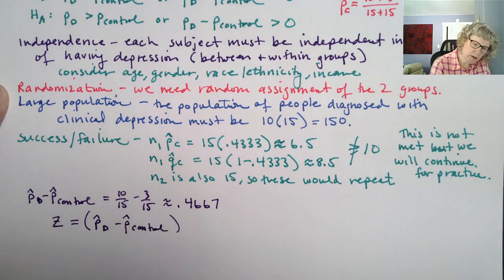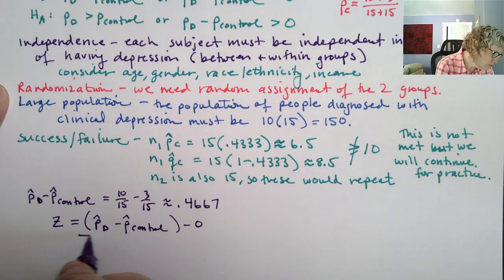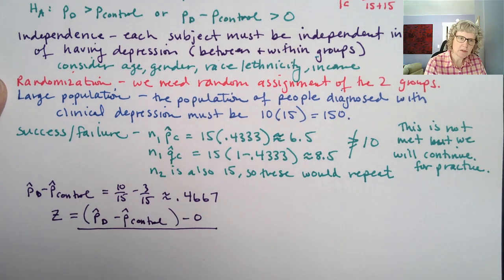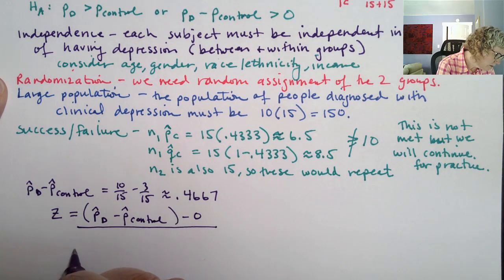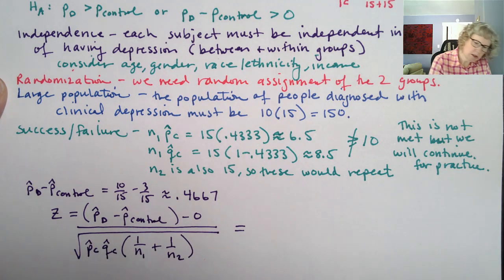Right, that's our observed statistic, minus 0 because the null value is that they're the same, over, and this is going to be the combined one, p hat c q hat c times parentheses 1 over n1 plus 1 over n2. Okay, so let's plug in our numbers there.